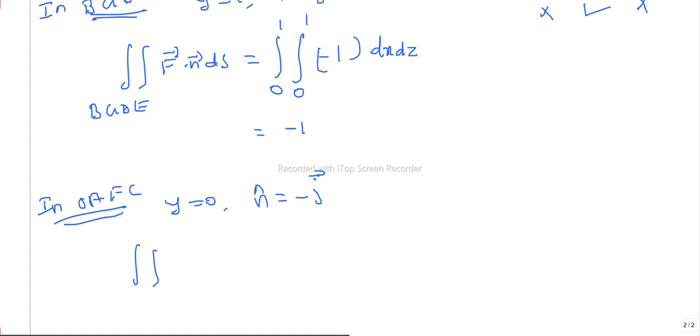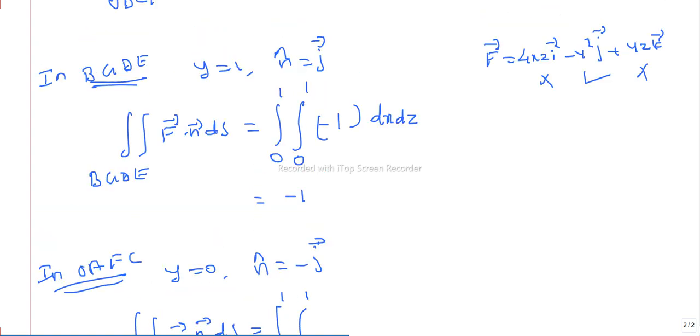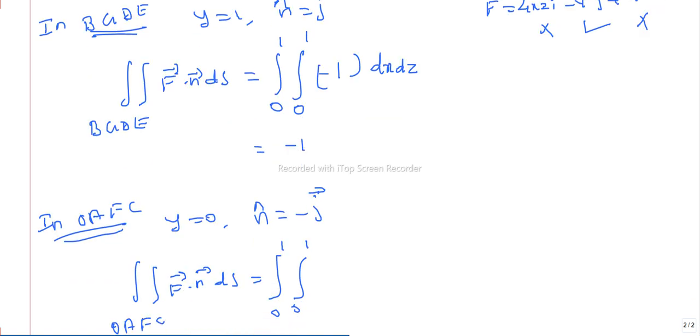Now the double integral over this space of F dot n into dS: again x varies from 0 to 1, z also varies from 0 to 1. If you dot with j, you get only the second term, minus y square, but y is 0, therefore this should be 0. So 0 times dx dz, therefore this should be 0.